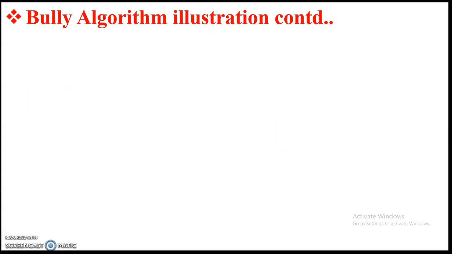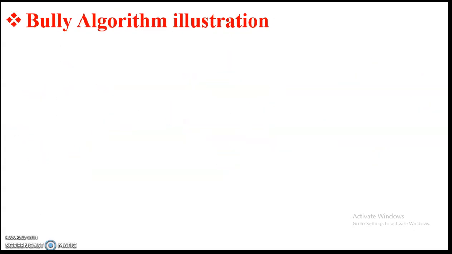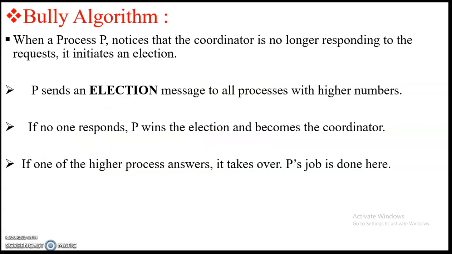Now looking back at the bully algorithm, let us map this concept to our illustration. When a process P notices that the coordinator is no longer responding to the request, it initiates an election, which means that process 5, which is no longer getting a response from 8, initiates the election message.